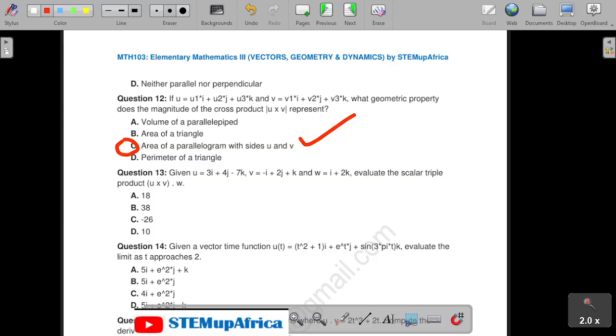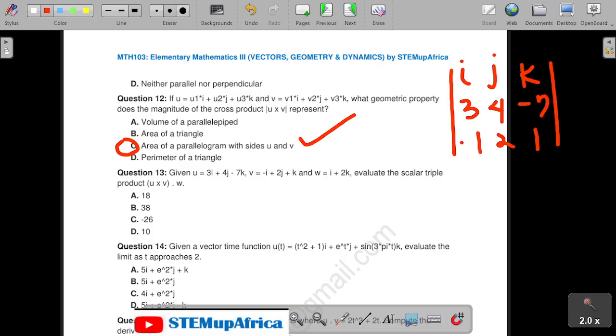Now, they gave us three vectors u, v, and w. Evaluate the triple product, this and this dot this. So we need to find the cross product of u and v. By using the determinant method, I'm going to have i, j, and k for the cross product of u and v. Here is 3, 4, minus 7. Here is minus 1, 2, and 1.